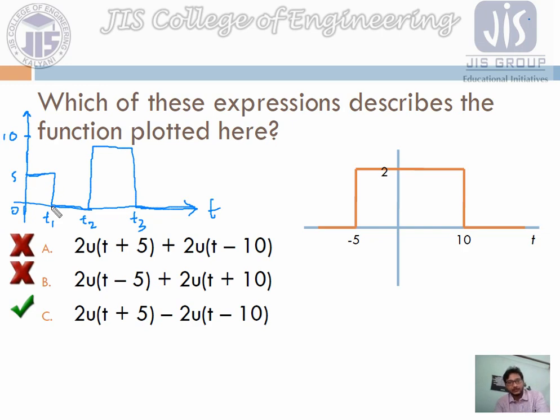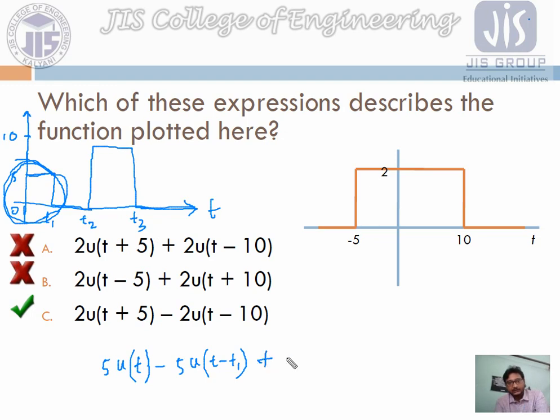So for the first part we can write 5 u of t. For the first signal, then you have to subtract 5 u of t minus t1, for this part only. Again, another function has started at t equals t2, so this function we have to add.